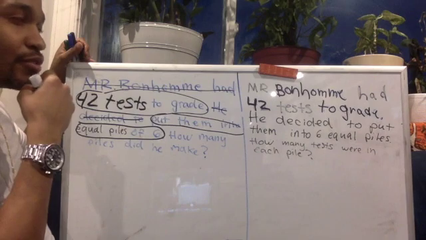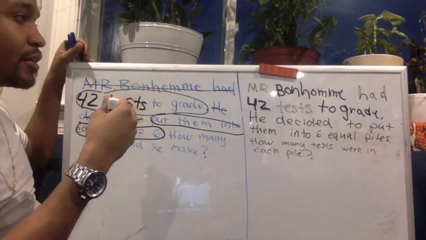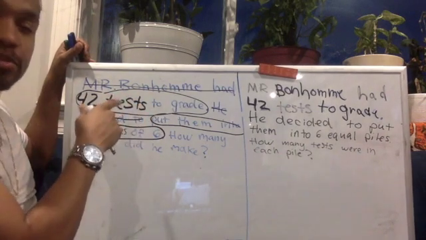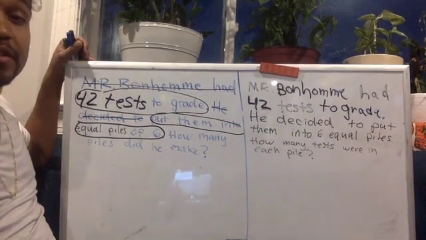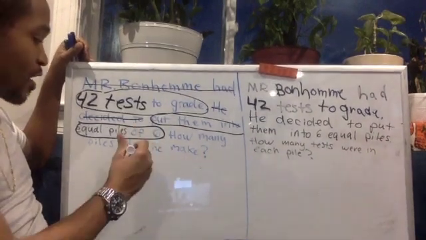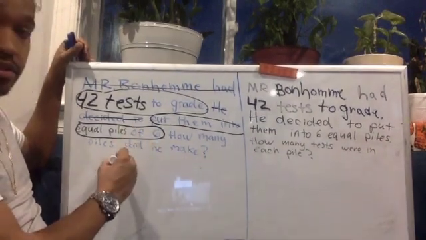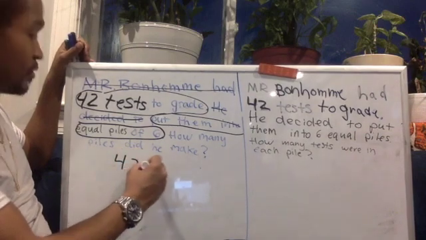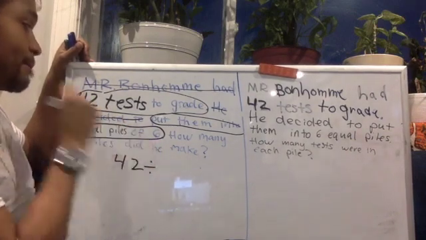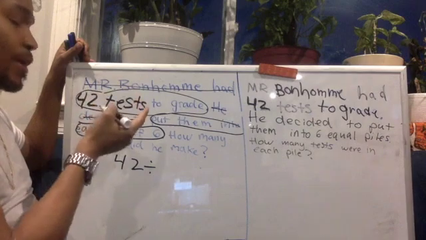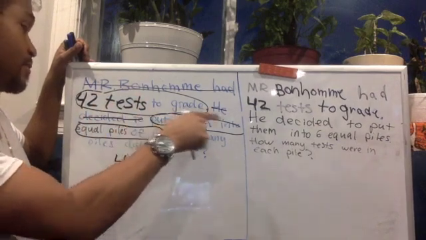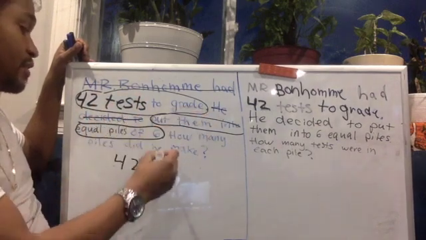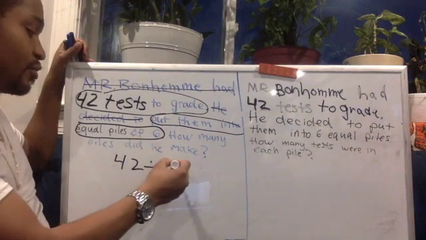It doesn't say 42 test groups. So I know this must be division because this is the total. So I can even start to set up my division equation. 42 divided by, what else do I know in this? Put them into equal piles of 6. So 42 divided by 6.